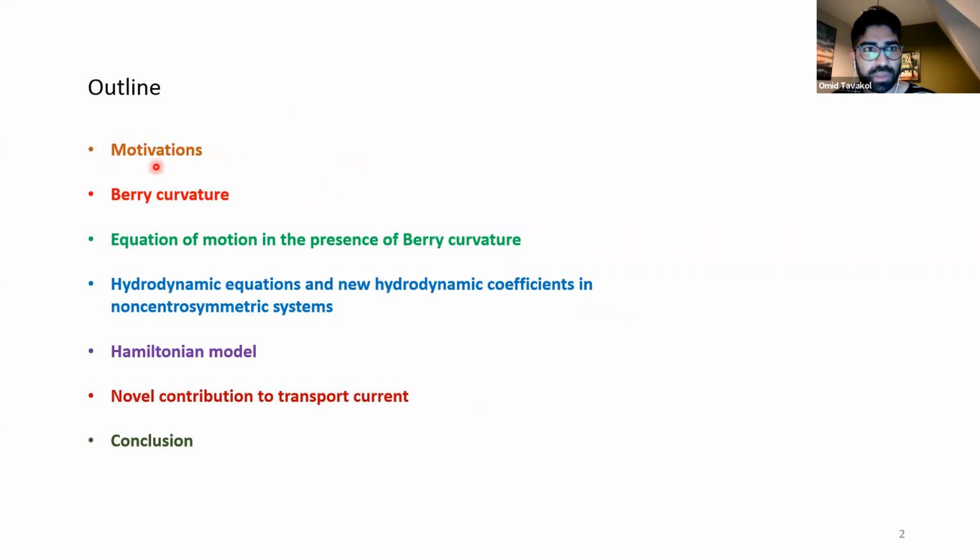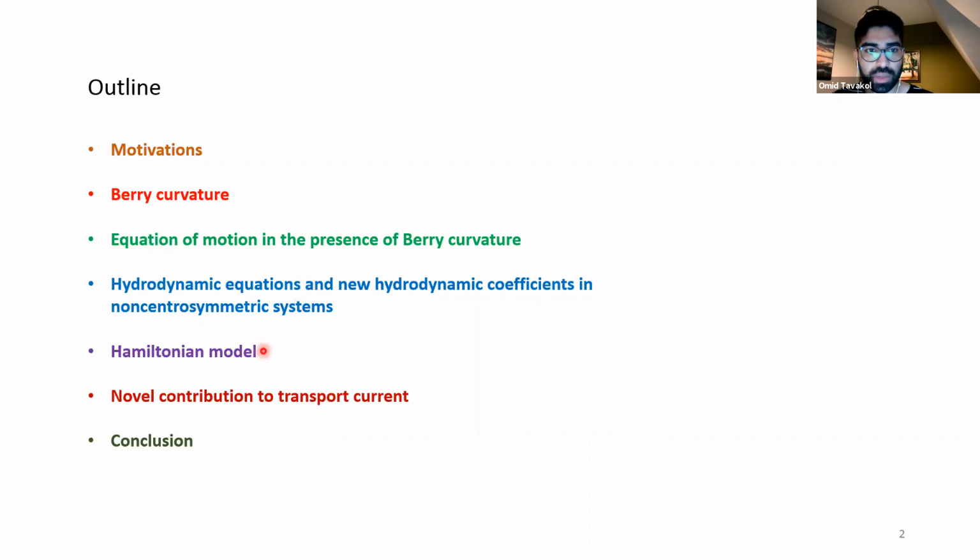To begin with, I want to talk about my motivations for this work, and then I want to give a brief overview of Berry curvature. Then I want to talk about the effect of Berry curvature in equations of motion, and how these equations of motion can change the hydrodynamic equations and give rise to new hydrodynamic coefficients in non-centrosymmetric systems.